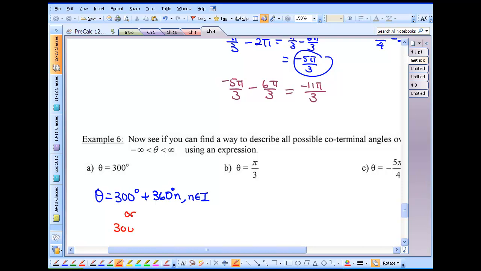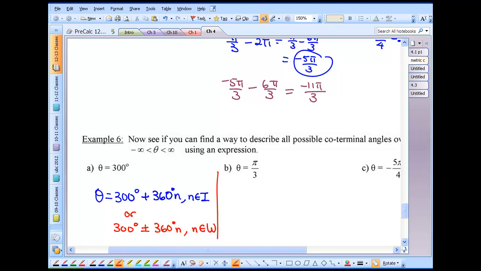They'll say 300 degrees plus or minus 360 degrees times n, but in this case n must be a whole number because you don't want to have minuses again. Just seems redundant. Okay, but you need to put either the integer part or the whole number part because we can't have decimal or fractional portions of a rotation. They have to be whole numbers.